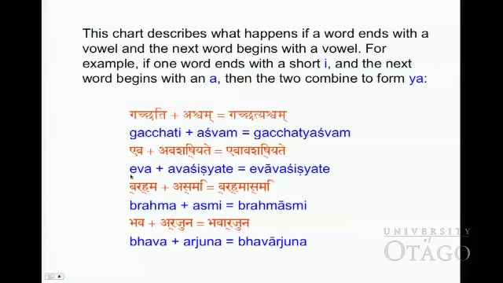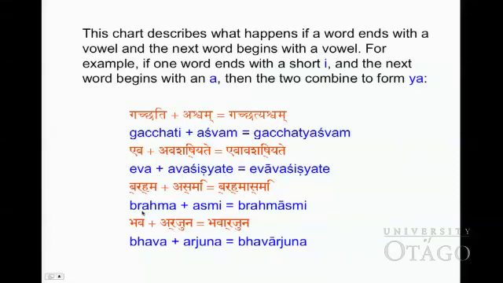Another example, eva avasisyate. The last letter is a, and the first letter of the next word is a. So a and a combine together and change to long A. So it will be evavasisyate, that comes from eva plus avasisyate.